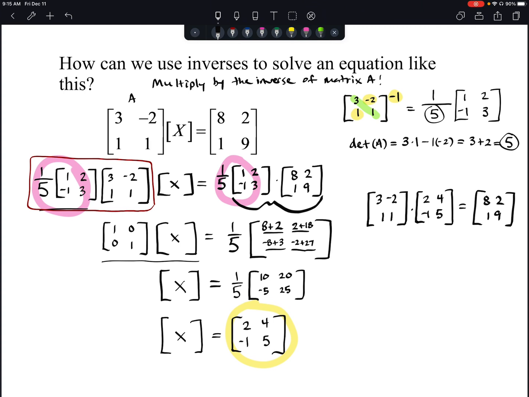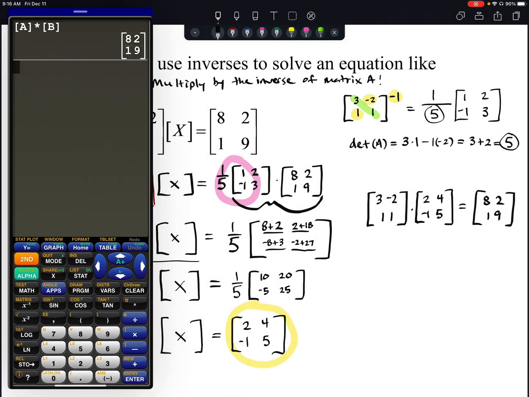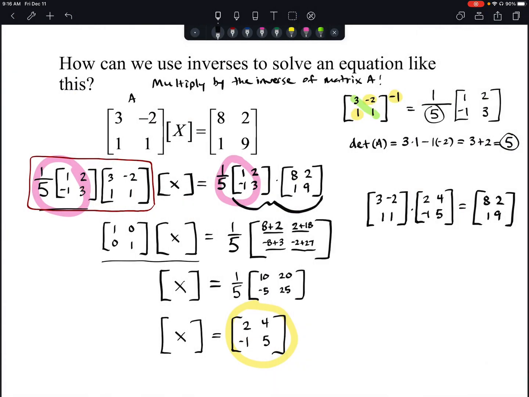Just to show you that, I'm going to pull out my calculator, and you can see I already have them plugged in as A and B. You see there that I get that same matrix, 8, 2, 1, and 9, even if I do it on the calculator. We'll review how to do it on the calculator shortly. So remember, the answer is this part right here.